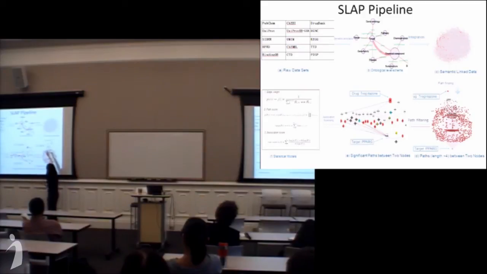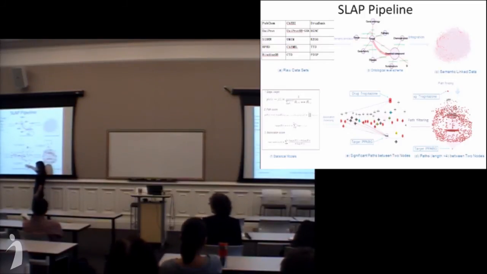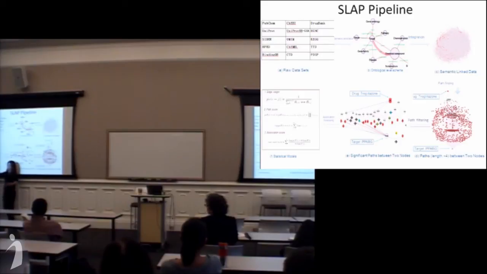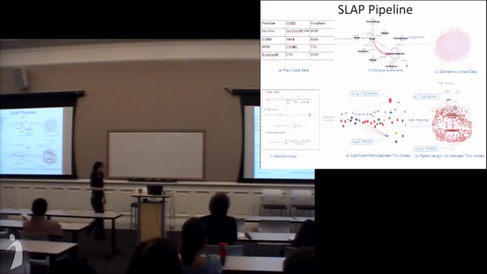Then we make it semantic linked data. We find the connection between two nodes and try to find the patterns. Based on the patterns, how they are connected, we calculate the edge weight and path score, normalize it, and provide the prediction. So it's a very simple, straightforward method.